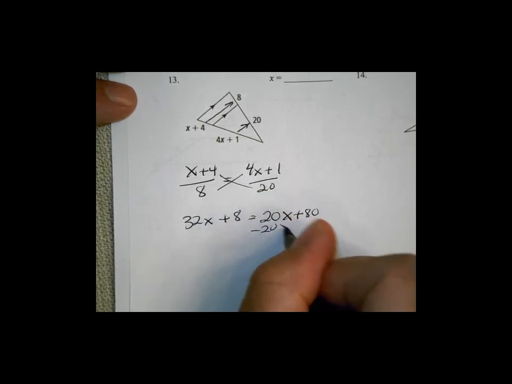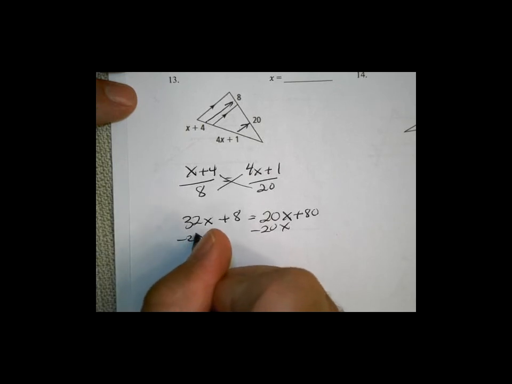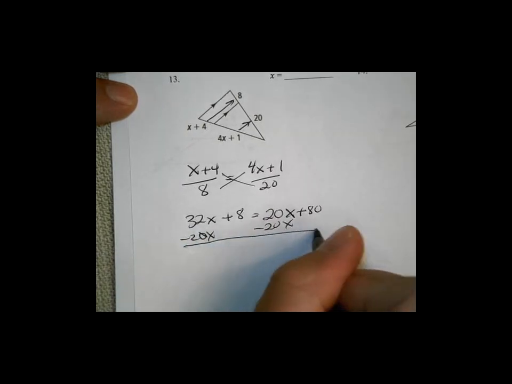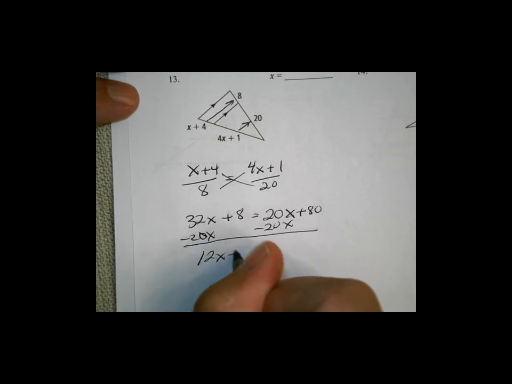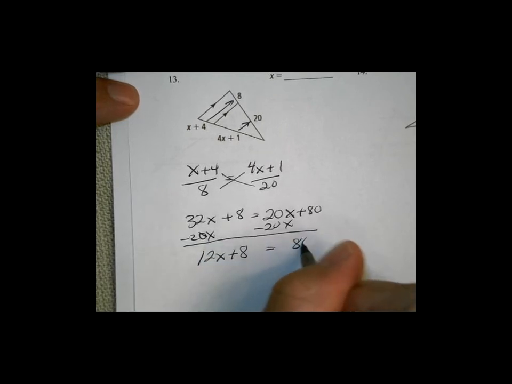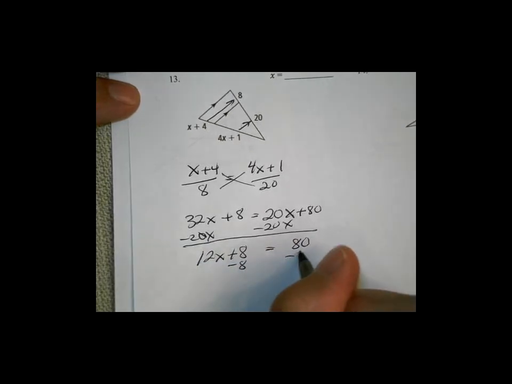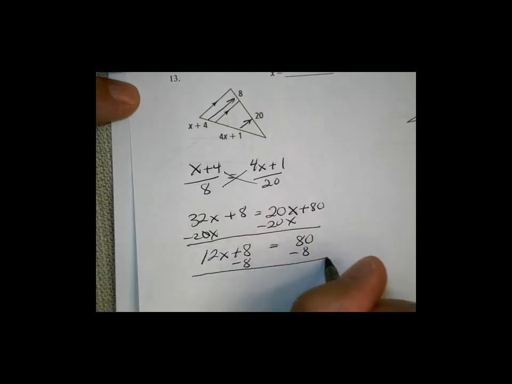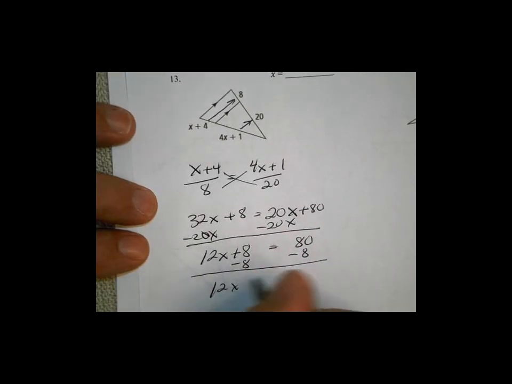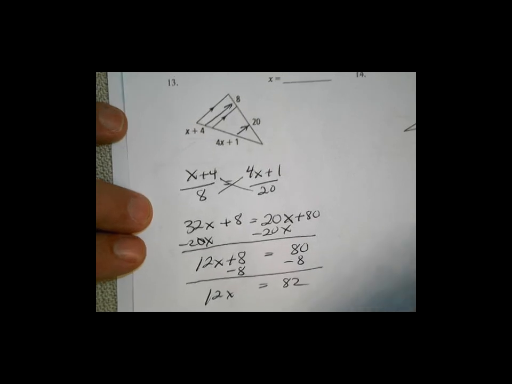If I subtract 20x from both sides, I end up with 12x plus 8 equals 80. If I subtract 8 from both sides, I end up with 12x equals 82.